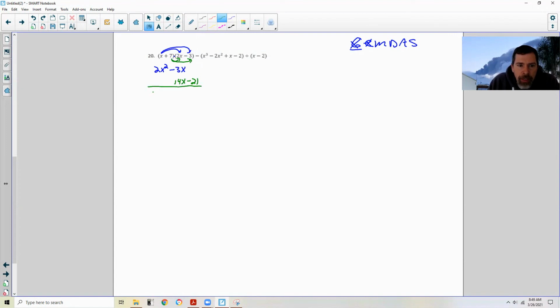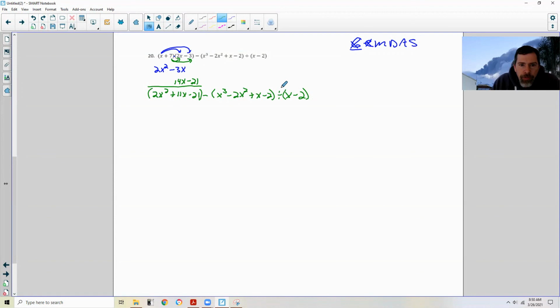Add these up, I get 2x squared plus 11x minus 21. I'm now going to bring down the rest of this: x cubed minus 2x squared plus x minus 2 divided by x minus 2. So all I've done here is gotten rid of these and combined and gotten this quadratic right here.